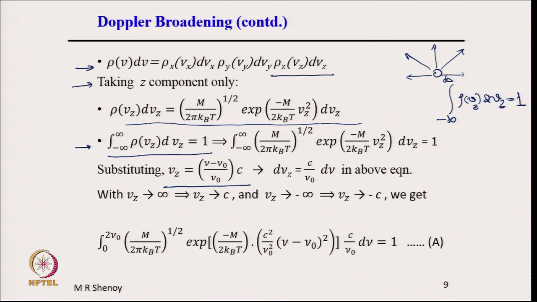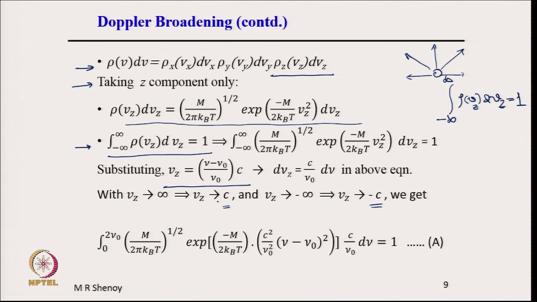And when Vz tends to infinity, velocity tending to infinity means what? The highest velocity possible is c, and therefore we write Vz goes to c, and Vz going to minus infinity means Vz goes to minus c.